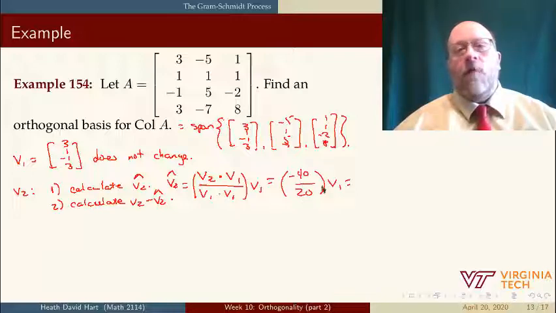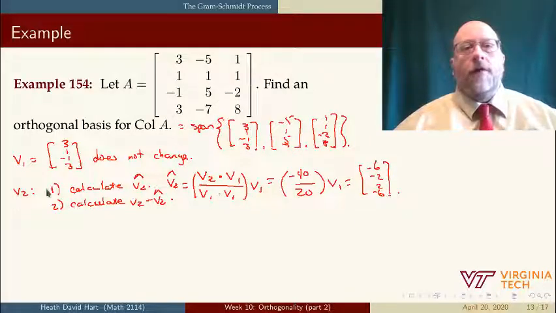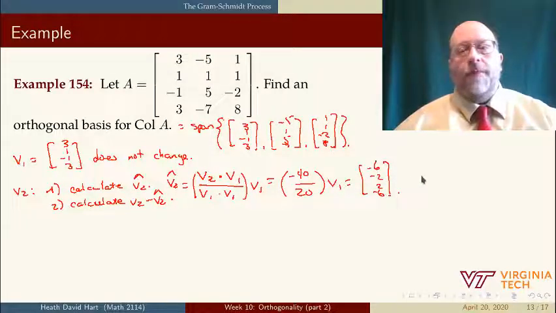So we get -40 over 20 times v1. This is just -2, so -2 times this vector is -6, -2, +2, and -6. So we've calculated v2 hat.